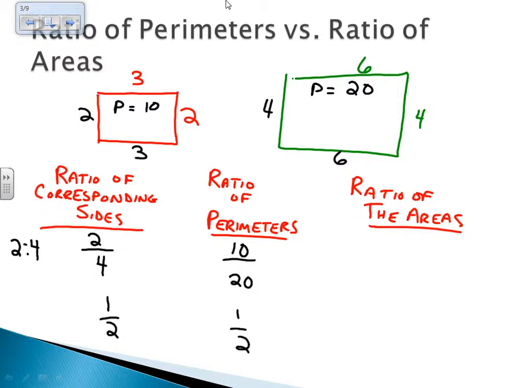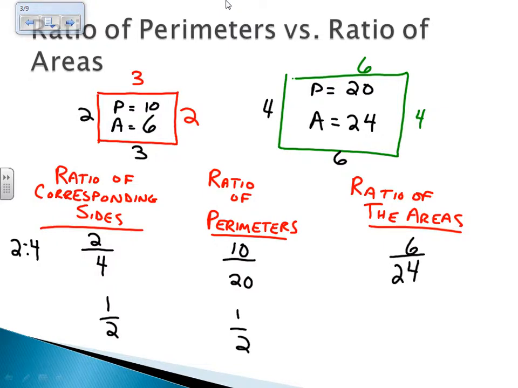The last thing we need to do is the ratio of the areas. My area for the red rectangle is what? 6, 2 times 3. The area for my green is 24. And of course I'm dropping the units here, but it would be units squared. So if I look at my ratio of the areas, I get 6 over 24.